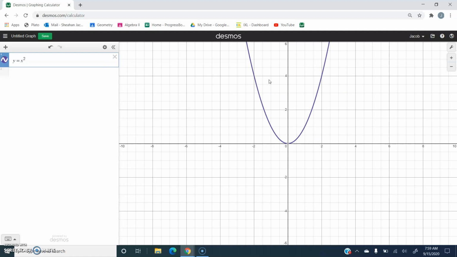What you'll notice about this is it has a vertex as well, a turning point, a lowest point, okay? And it kind of is shaped like a U. If we look at its table, it does the same thing, okay, as the absolute value when it spits out only positive numbers. The reason it does that is because a negative times a negative still gives out a positive.